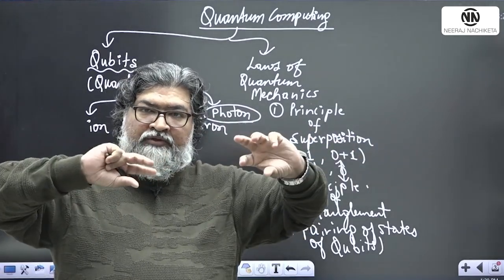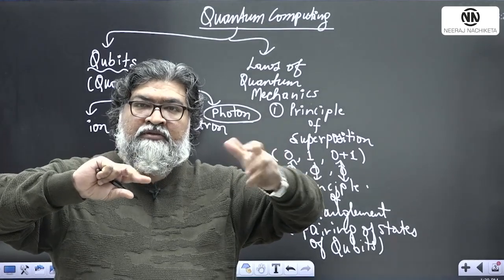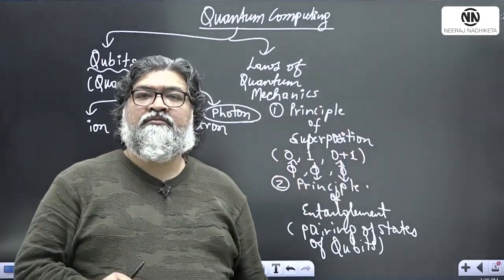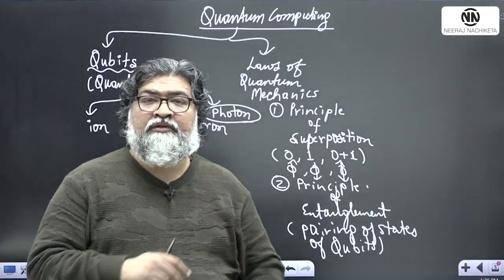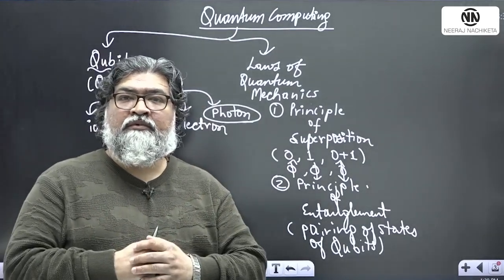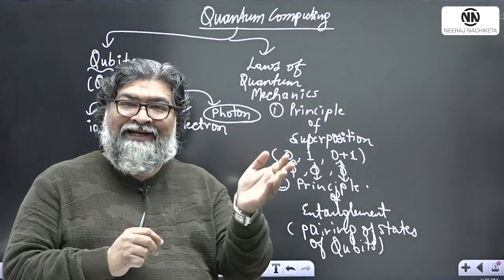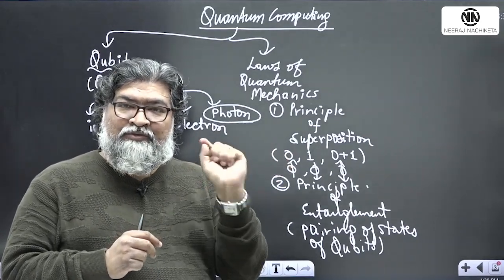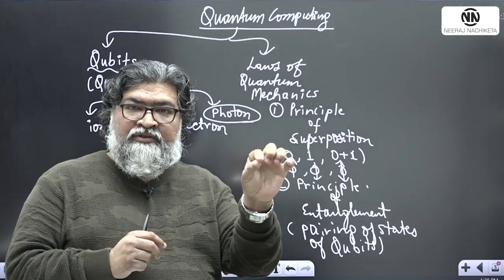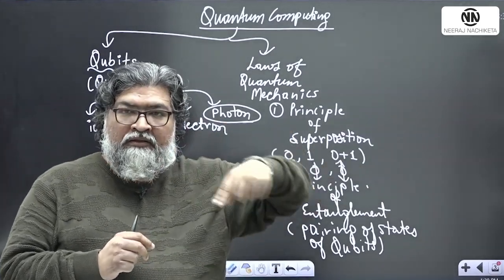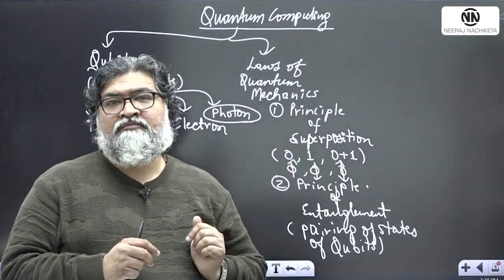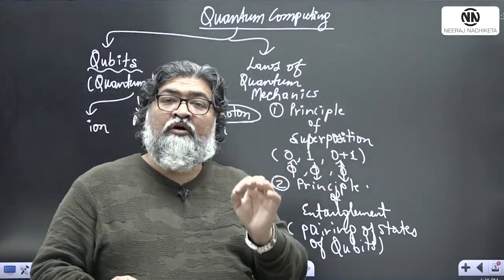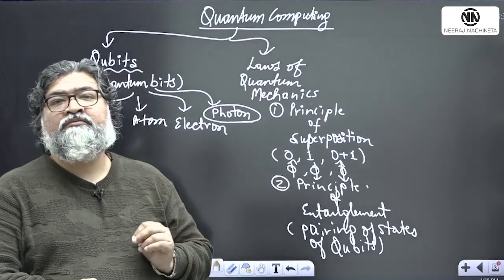If any of the qubits changes its position, the rest will all change. This finds very important application in cryptography, encoding of data. That means nobody can crack it, nobody can hack it. If you make a change in that information, the entire information set will become invalid. That becomes the core of encryption technology.